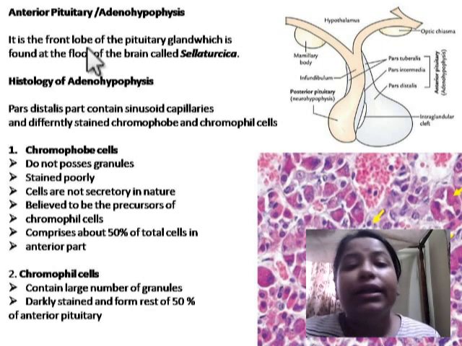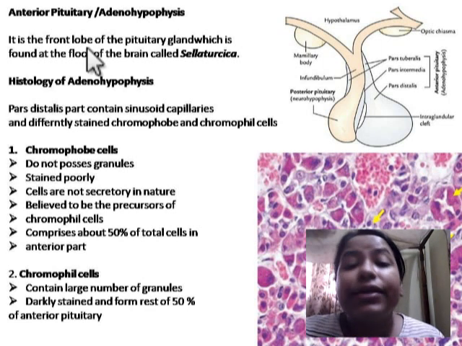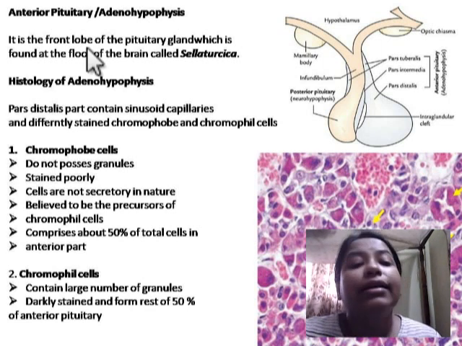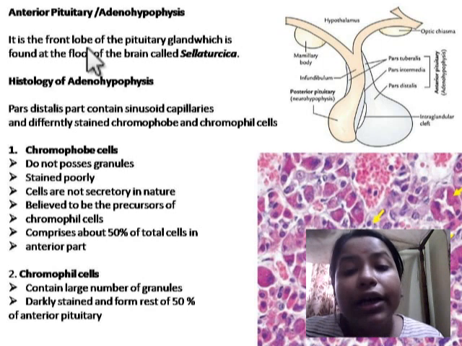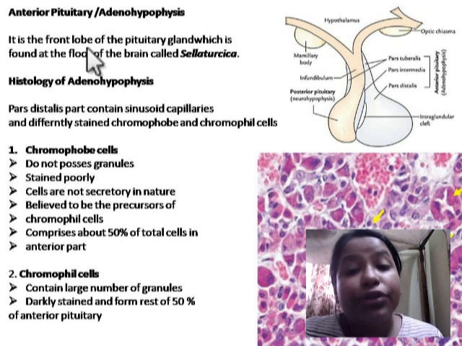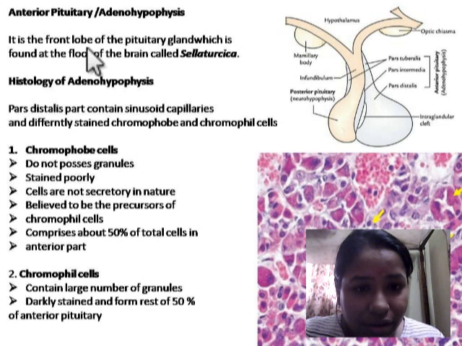Now, the pars distalis part of this adenohypophysis contains sinusoid capillaries, degranulated chromophobe cells, and large granulated chromophil cells. So, these chromophobe cells do not possess any granules.